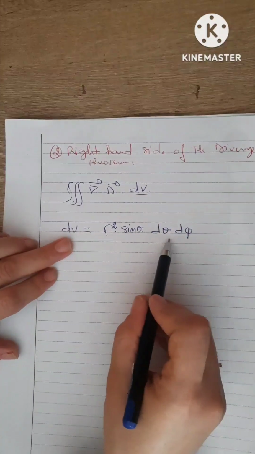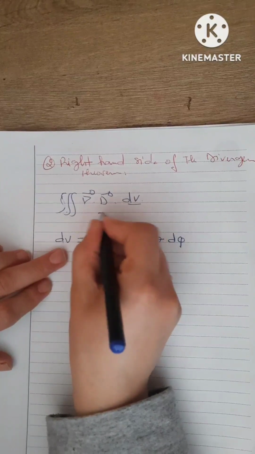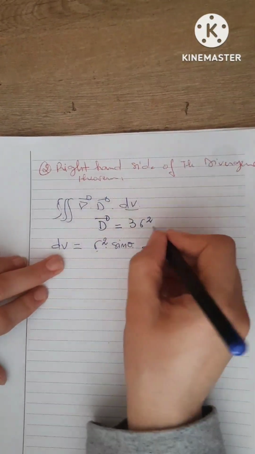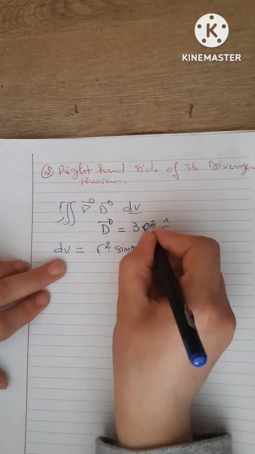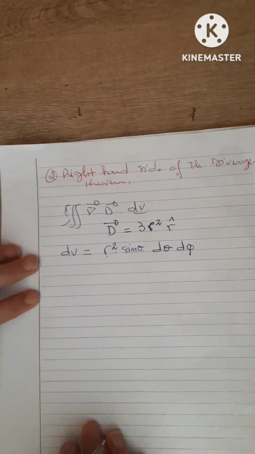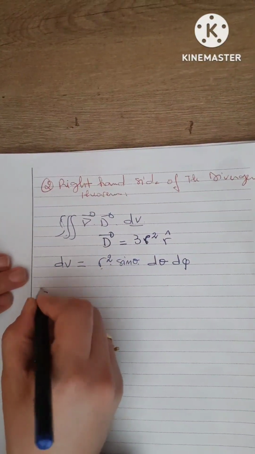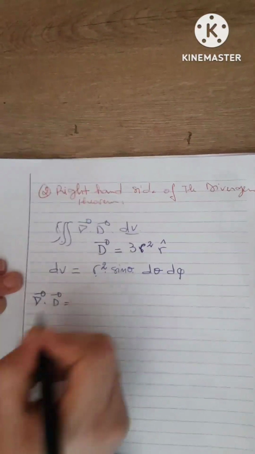We explained all of this in the previous session. Now D is the same, 3 r squared in the direction of r. What is the divergence of D in spherical coordinates?